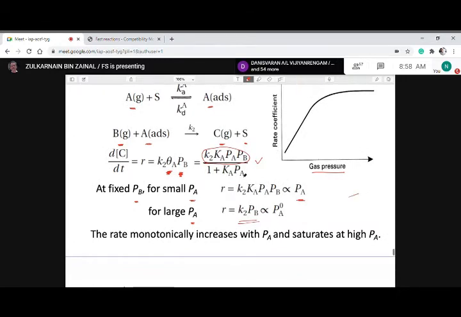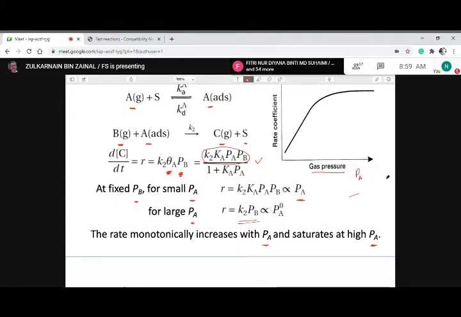You can use rate coefficient or rate, no problem. So the rate monotonically increases with PA and saturates at high PA, right?